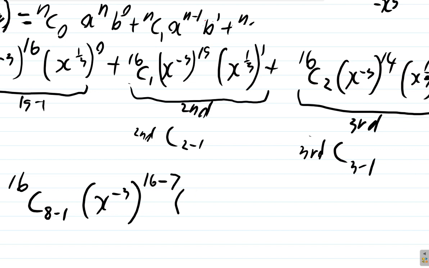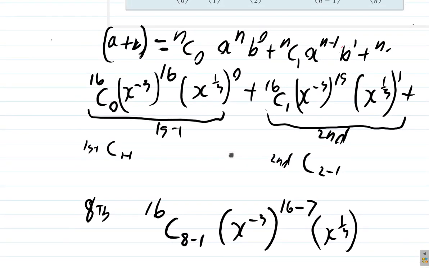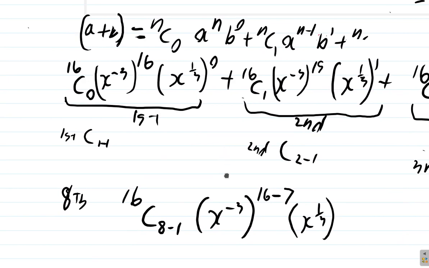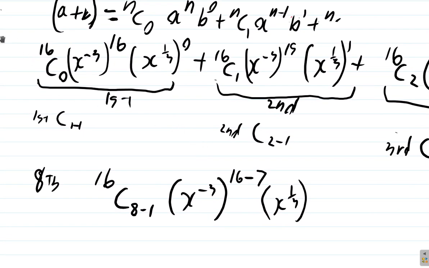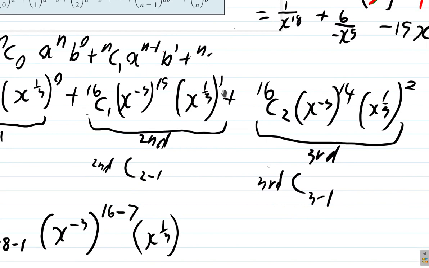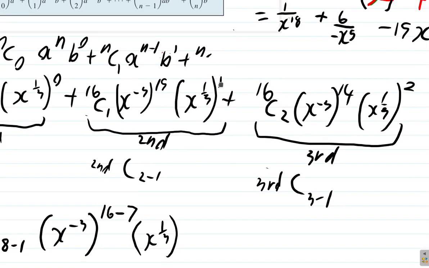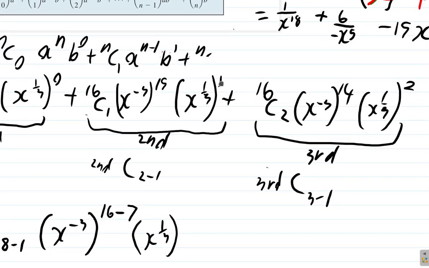Alright? And then, for x to the 1/3 now, you're going to raise it to a power. Let's see what happens here. In term number 1, you have to the 0, which is like 1 minus 1. Term number 2, you have this to the 1, which is like 2 minus 1.